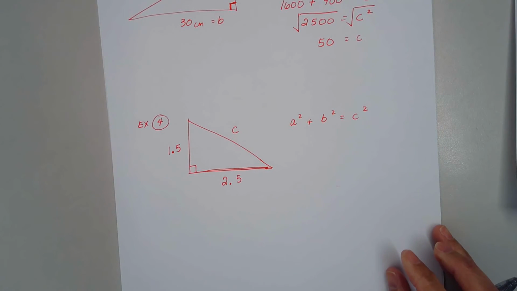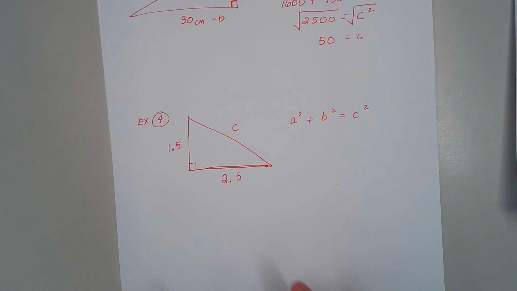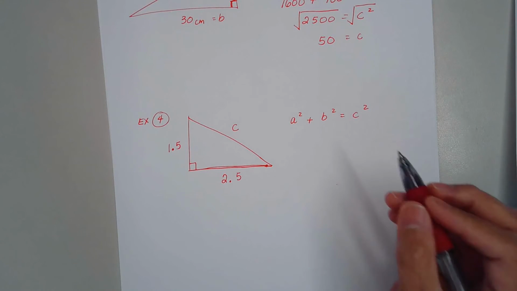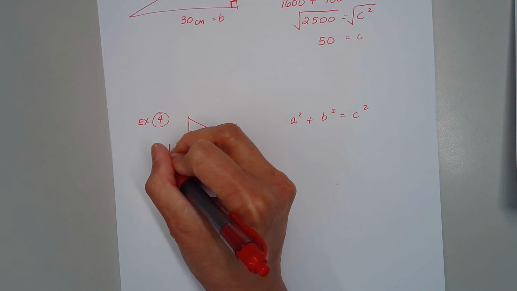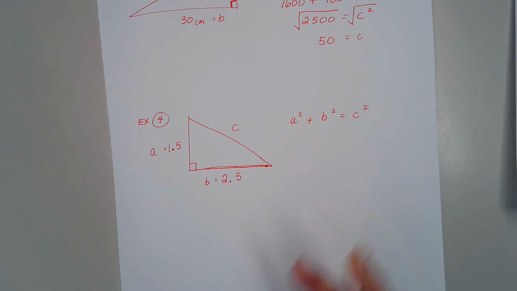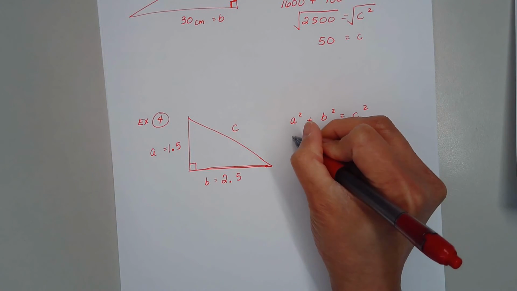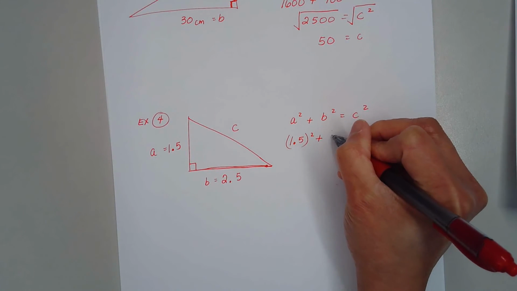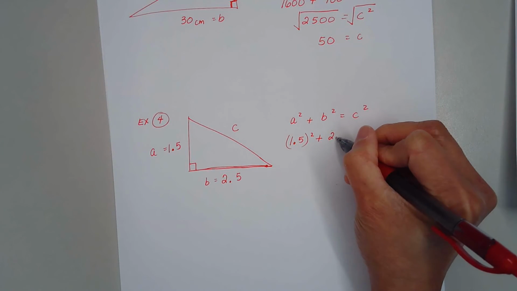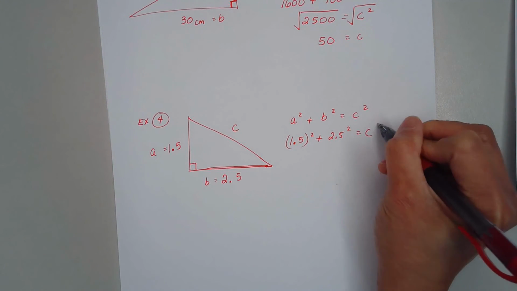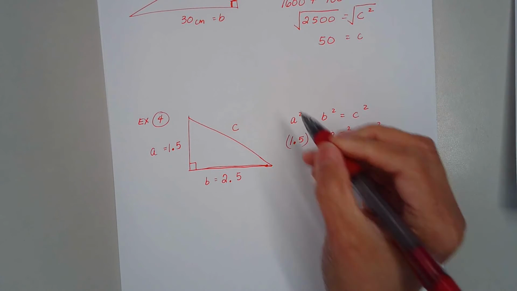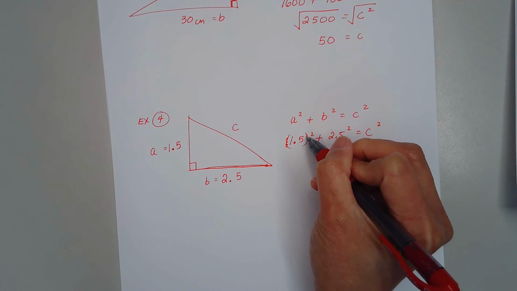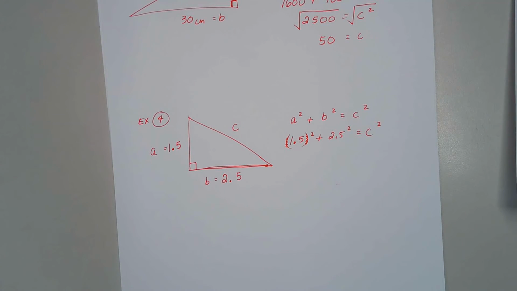What we're going to do is replace the A and the B. We call this our A, we call this our B. What's the first calculation that you're going to do?